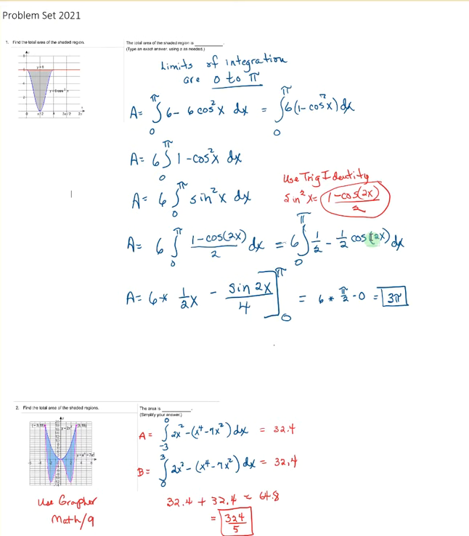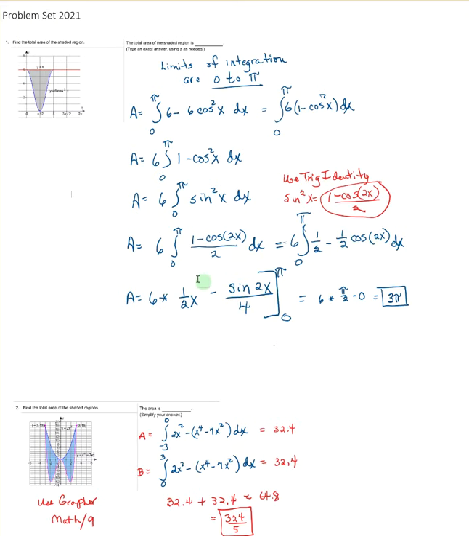We would do the cosine 2x by u substitution. If you need to review that, go back to the last section. You would end up with this 1/2 and another 1/2 when you did the du and had to get rid of the 2, so you end up with a 1/4 here.